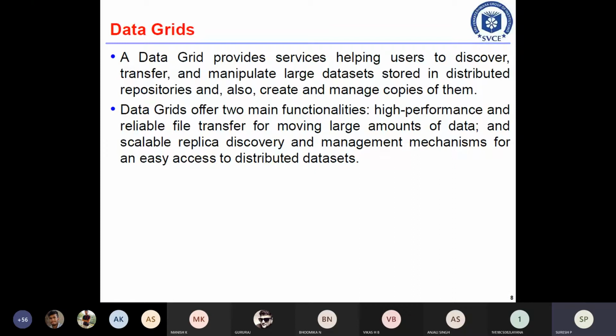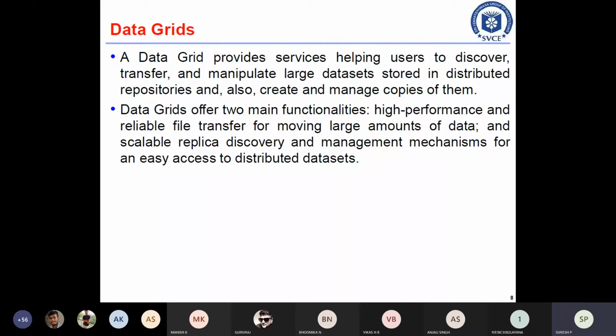So what it is going to provide you: the data grid basically provides services to users to discover, transfer, and manipulate large data sets. Okay, so we are discussing data computing here. So whatever we are going to talk about is with respect to the data only. So this data grid provides services helping users to discover, transfer, and manipulate large data sets, which will be stored in distributed repositories. And also it will help in creating and managing copies of them.